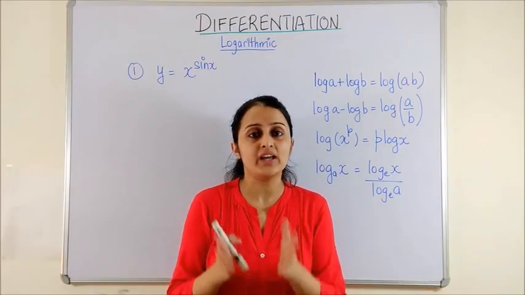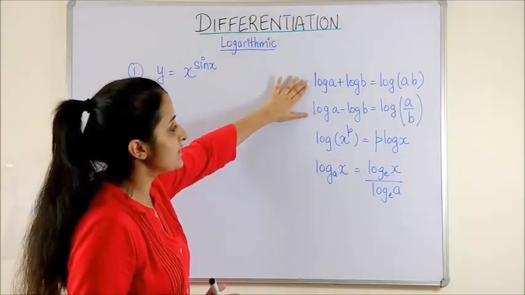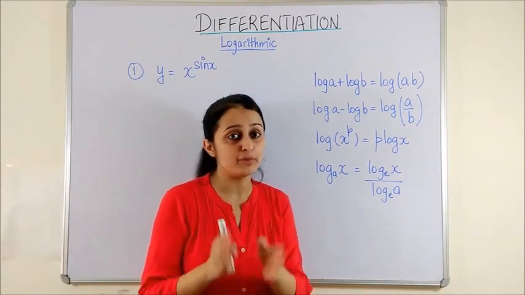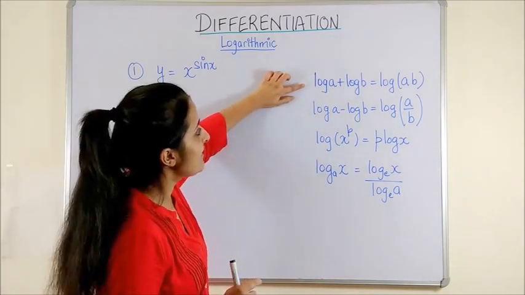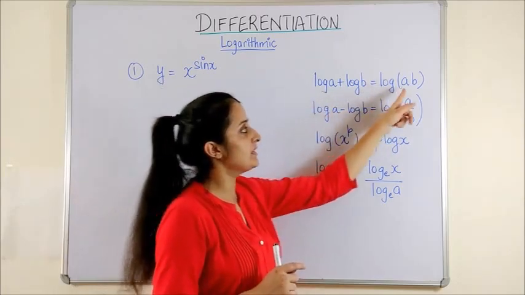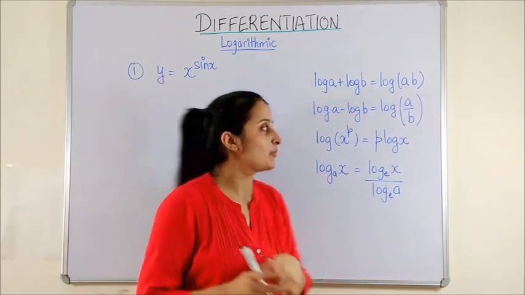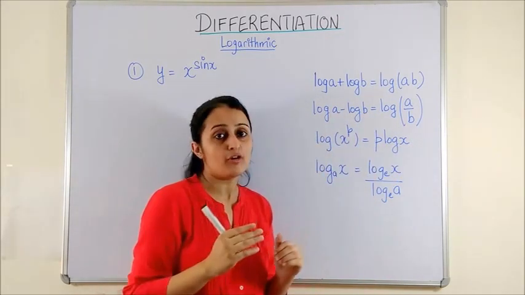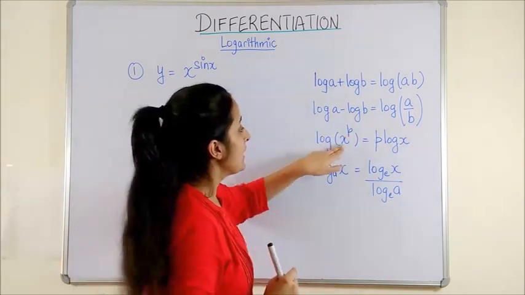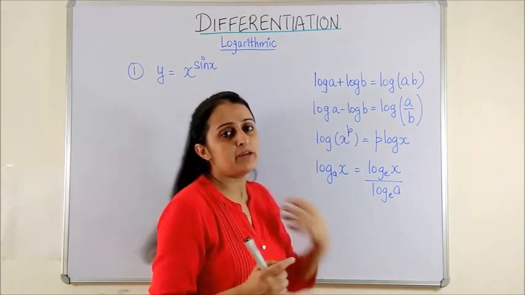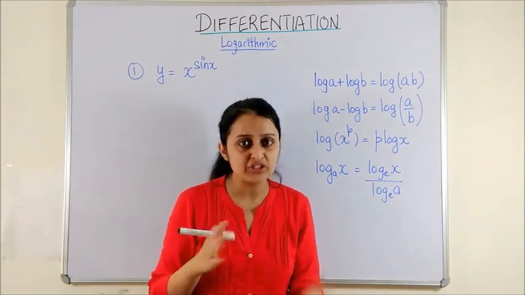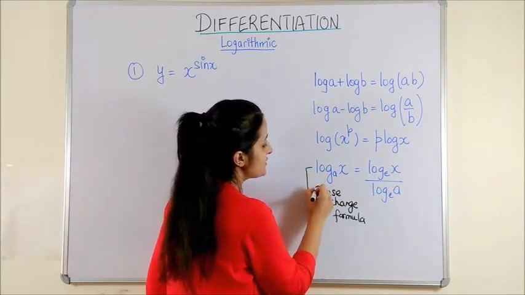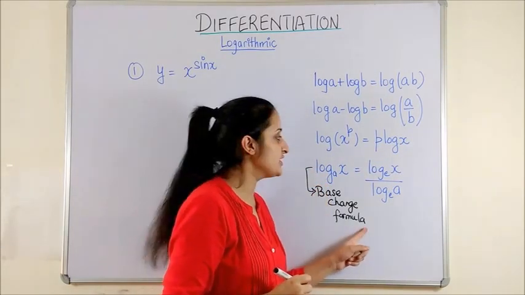Before we begin with how we deal with the questions, let's quickly review the 4 basic properties of log which we would be requiring. So please have a look. Log a plus log b is the same as log of their product. Likewise, log a minus log b is the same as log of their quotient. Log x raised to power p, where p could be a constant, another function, anything, is equal to p log x. And the last one happens to be the base change formula.